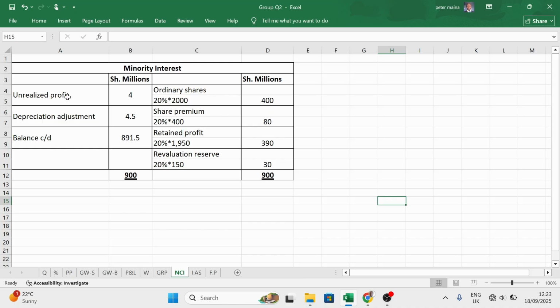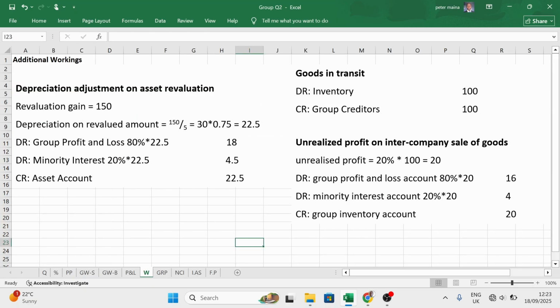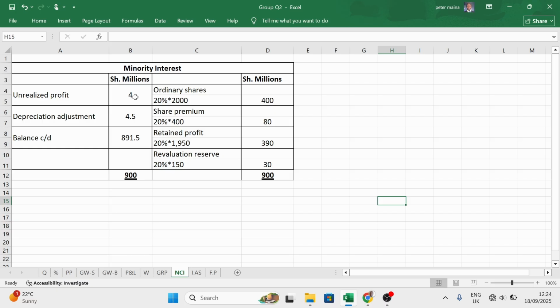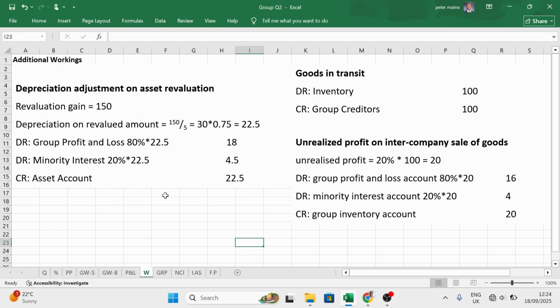For example, unrealized profit. If you go to the workings for unrealized profit, we took 20% of 20. That was the minority's share, and then got 4. That 4 is the one we have here. For depreciation adjustment, we did the workings.